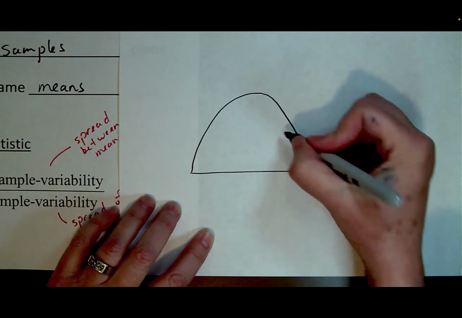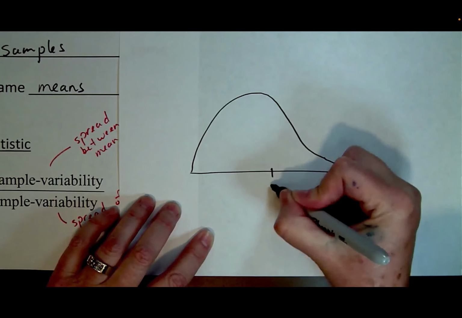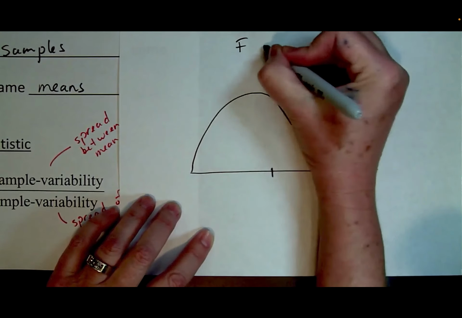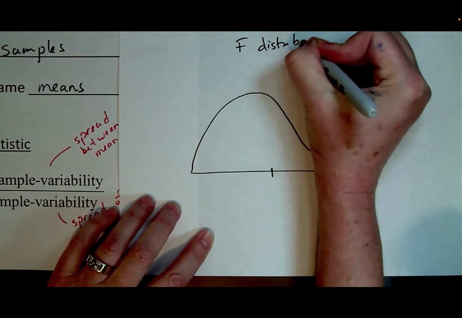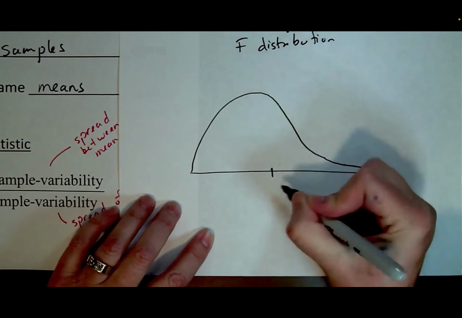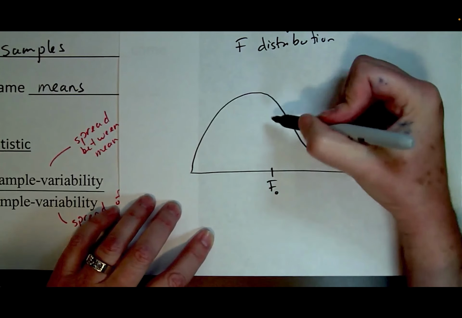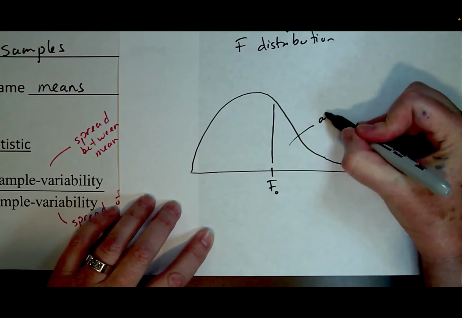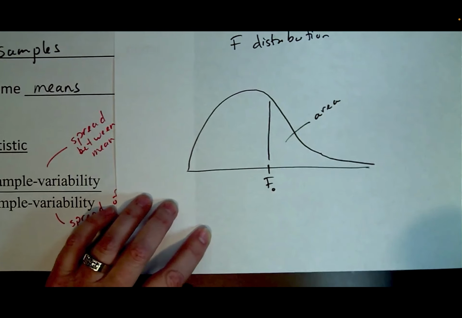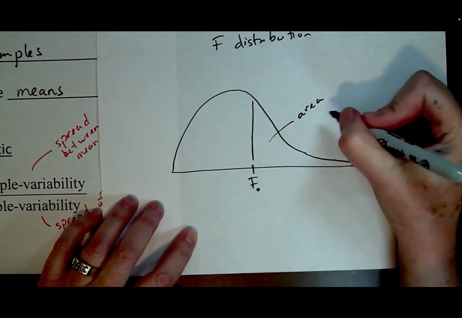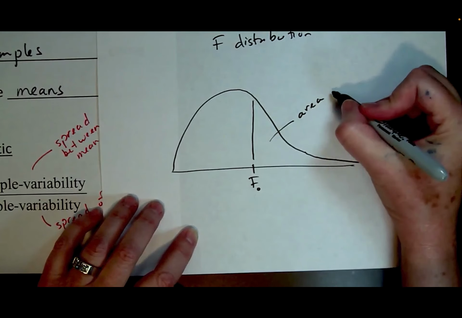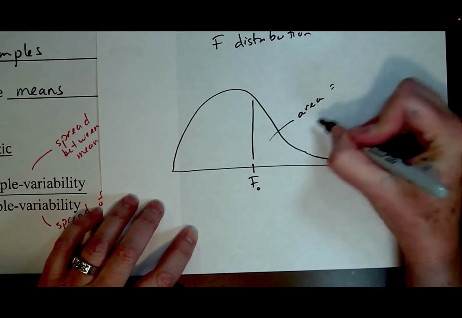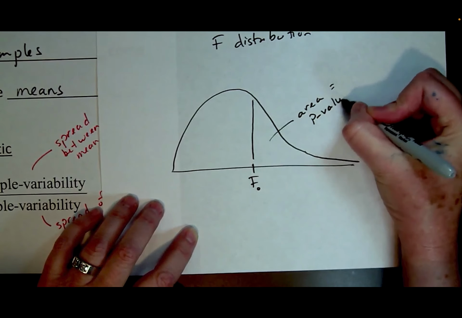So we've got a formula for coming up with our test statistic, F naught, and then of course the area, and I mentioned that this is a right-tailed test, the area to the right of F naught gives the p-value.